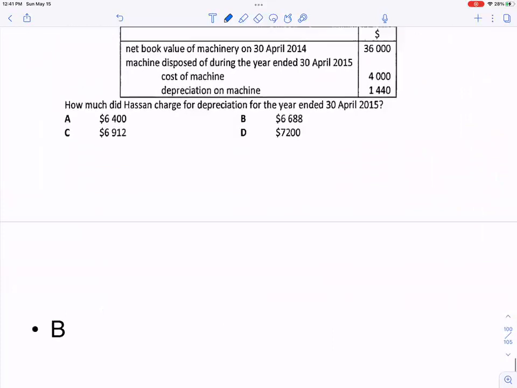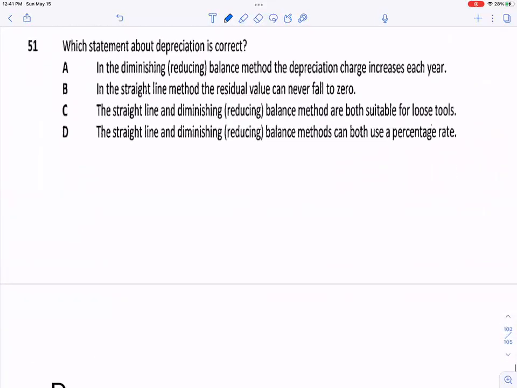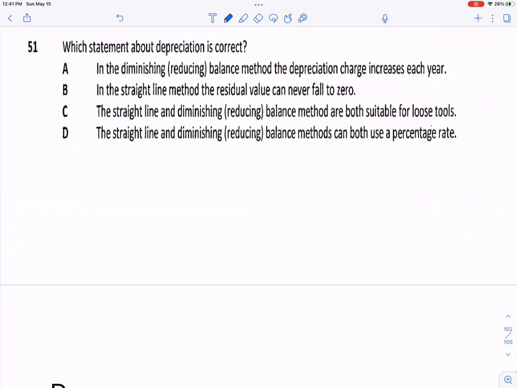This I think you all will do. Which statement about depreciation is correct? In reducing balance method, amount of depreciation increases or decreases?